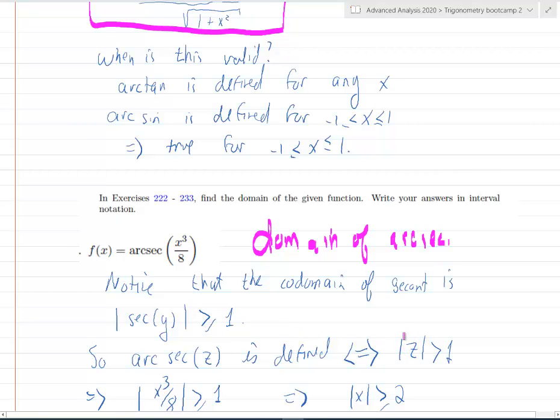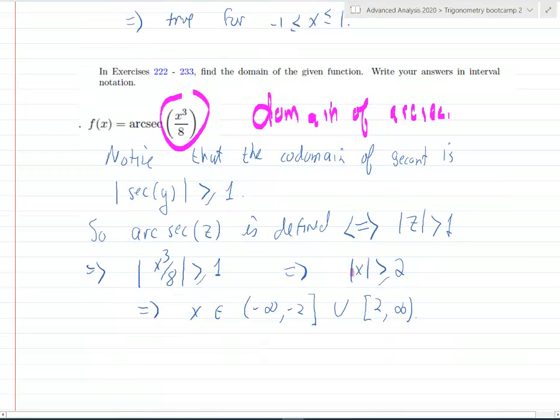If you define arcsecant of z, z must have absolute value greater than or equal to 1. So if I want to have this be defined, then this value here must be greater than or equal to 1. It must be in the domain. So that's where I get this condition. That's all I need to do, and then I solve this for x. I get absolute value of x greater than or equal to 2. They ask for interval notation, so this is my final answer.